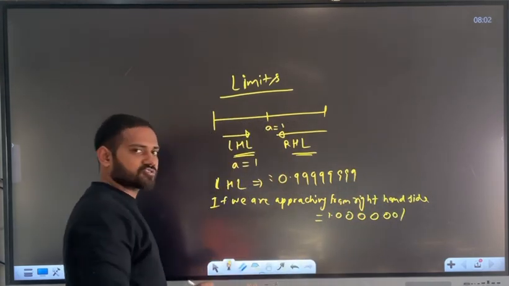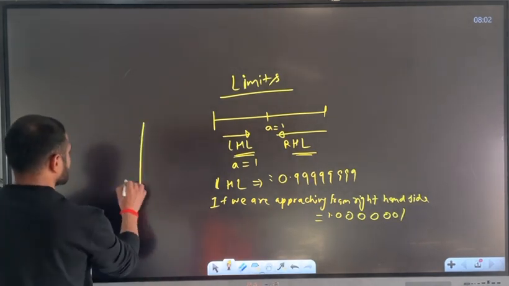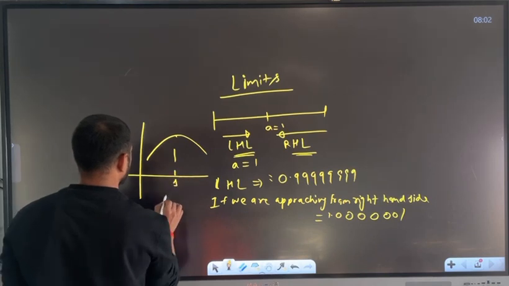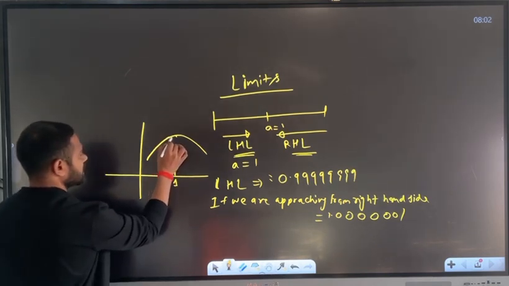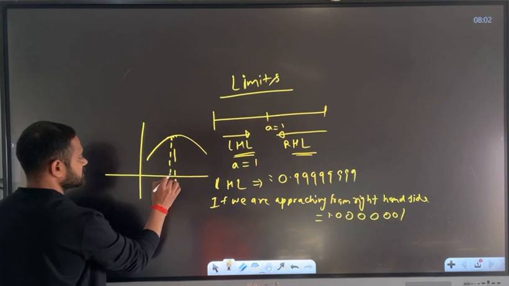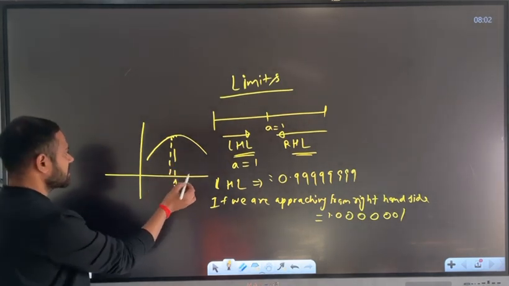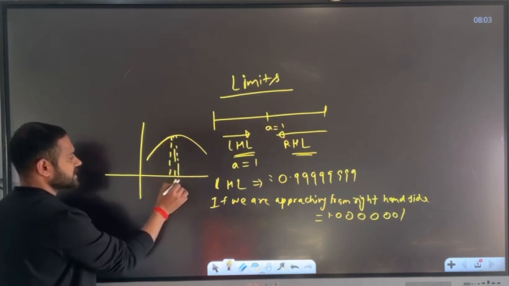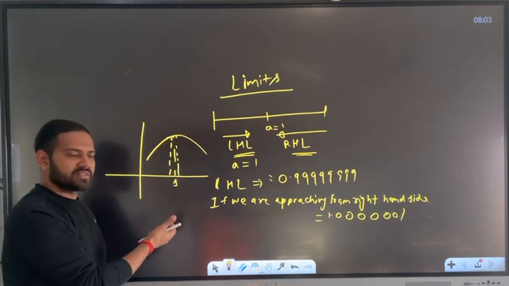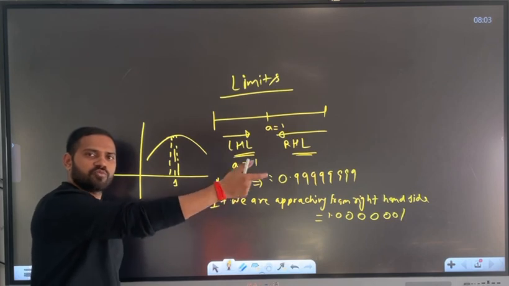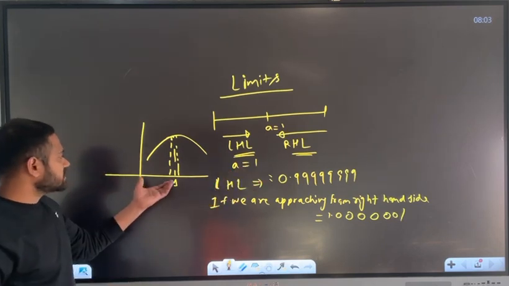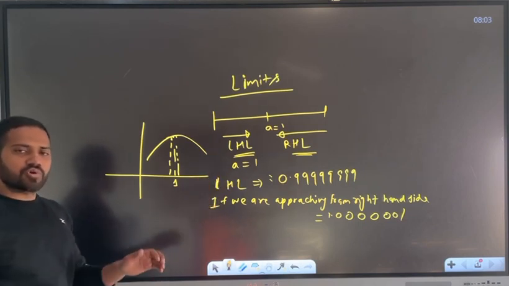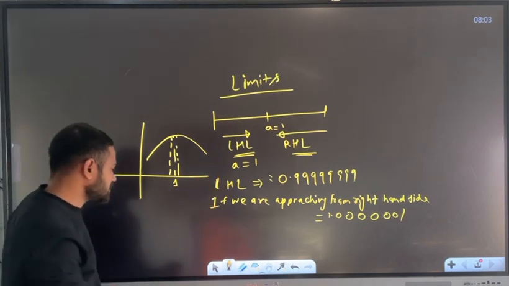So from the graph also we can understand, if we are approaching a point 1, we can approach it from this side, and that point if we calculate it will be 0.99999, and if we are approaching this point from the right hand side, that point we can take as very close to 1, that is 1.00001. So in this way we calculate the limit of a function at a given point. So let us take some examples to understand this.